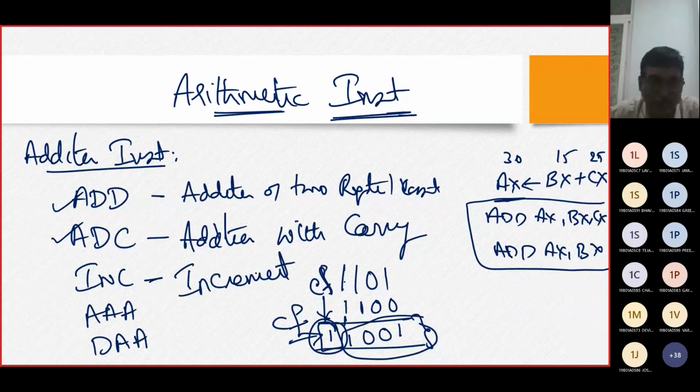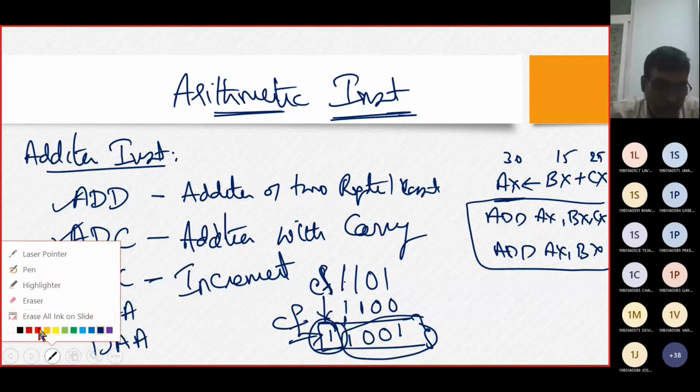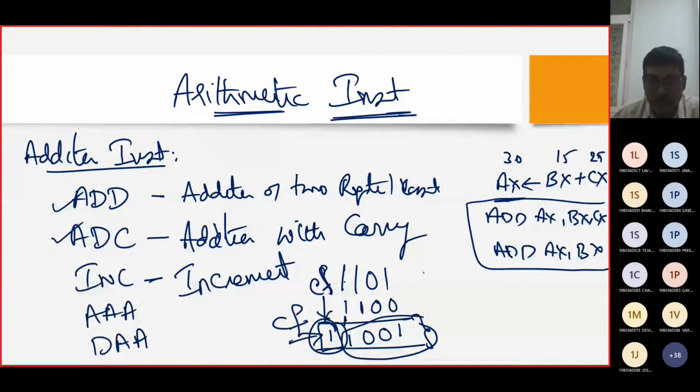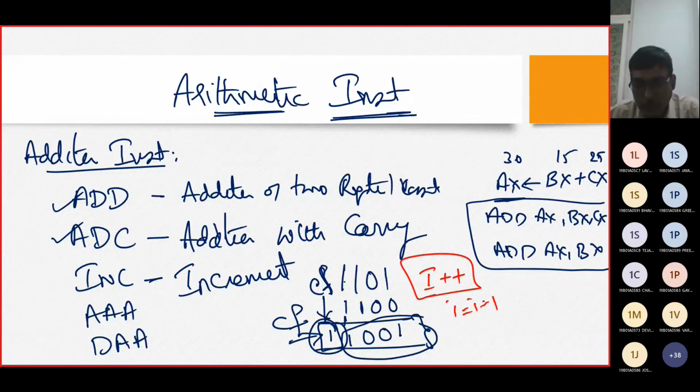The next part was increment. The next element to take up will be the increment. So in C++, we say I = I++ or I++ like this. So I++ means I equals I plus 1. This word we are calling increment.